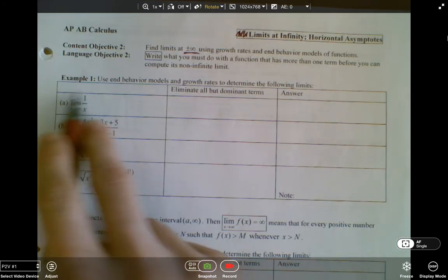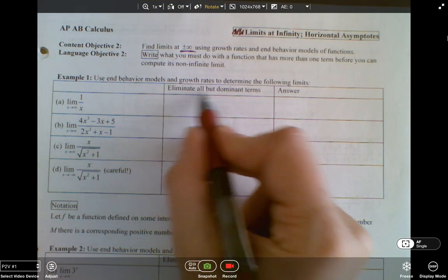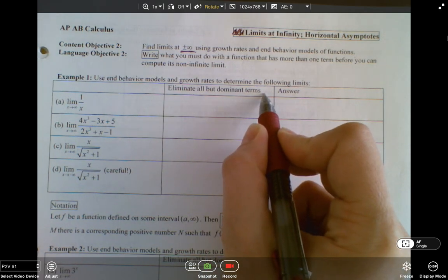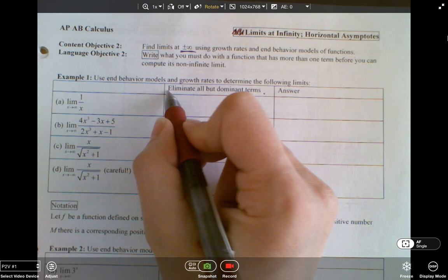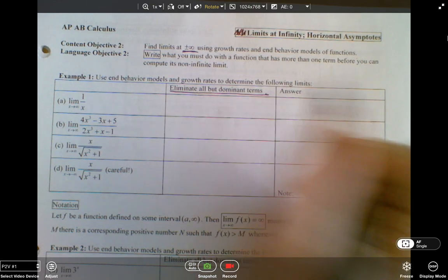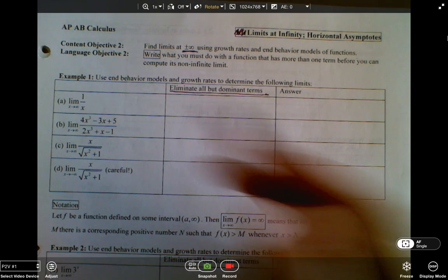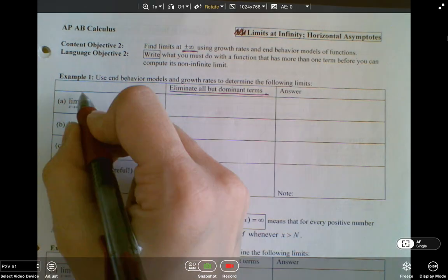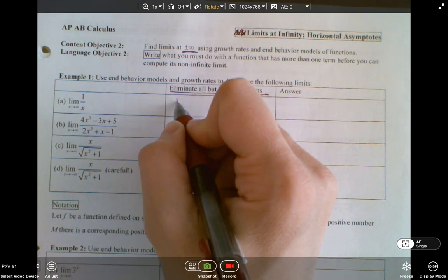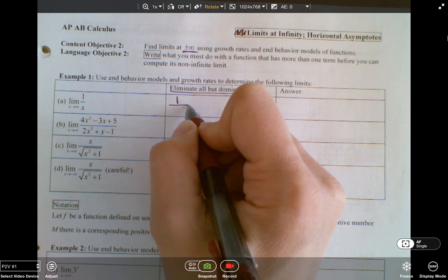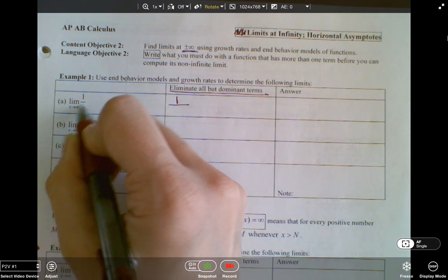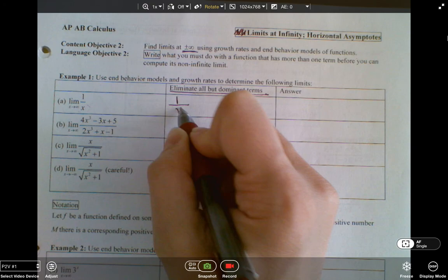Okay. So we're going to look at each function and then we're going to rewrite them as being purely the dominant term. So we're going to throw everybody out that doesn't win the race because we don't care about them, and we're going to rewrite this. So the dominant term in the numerator is going to be a 1, and the dominant term in the denominator is going to be the x.